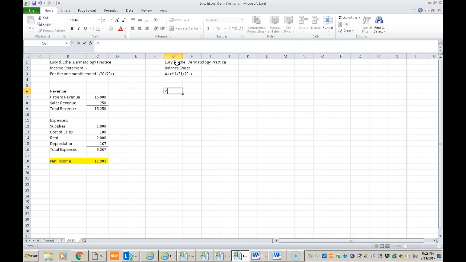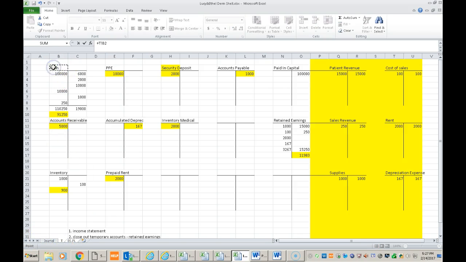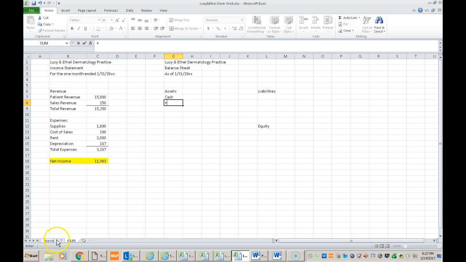So remember, our balance sheet has assets, right? And then we have liabilities. And we have equity. All right, so let's go and list all of our assets out. So here we're going to have cash. We're going to have accounts receivable. We're going to have inventory. We're going to have PP&E.